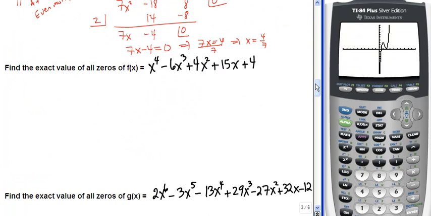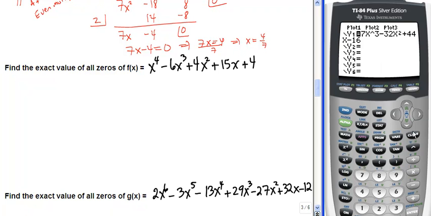Okay, let's try this again. So now we've got a 4th degree polynomial, and we want to find the exact value of all the zeros. So we're going to have to do this using synthetic division and maybe some solving, but we're going to use our calculator to help give us a good guess for where to start.